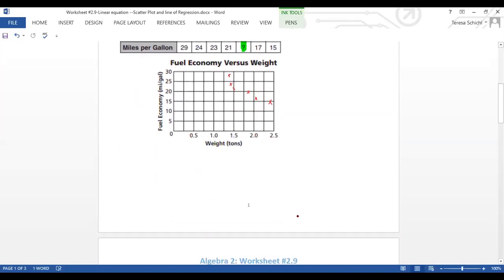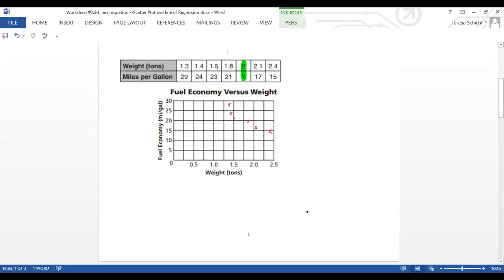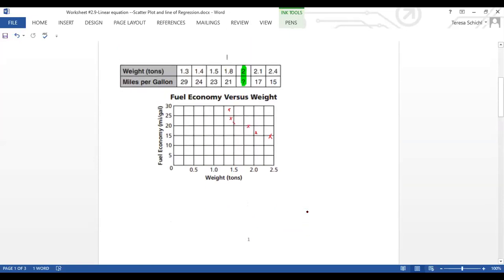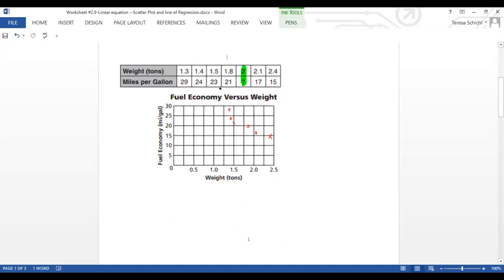The problem says to do a scatter plot and then find the line to describe the relation. Basically like what we did before, you try to find the line here. So maybe I can fit a line like this, sorry for my drawing.